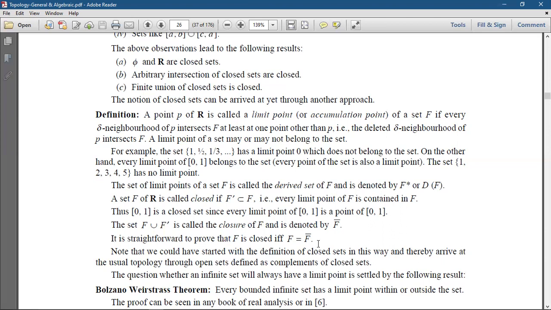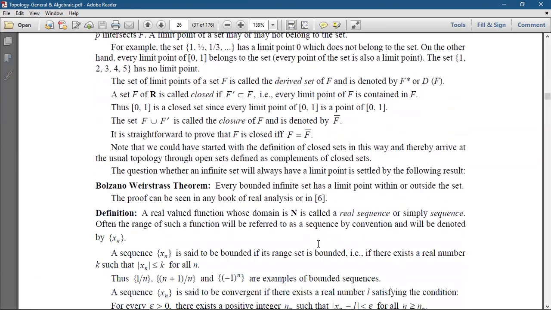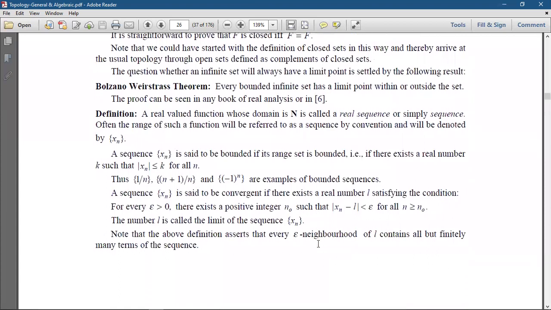The question of whether an infinite set will always have a limit point is settled by the following result, which is known as the Bolzano-Weierstrass theorem. This theorem is very important and very simple.